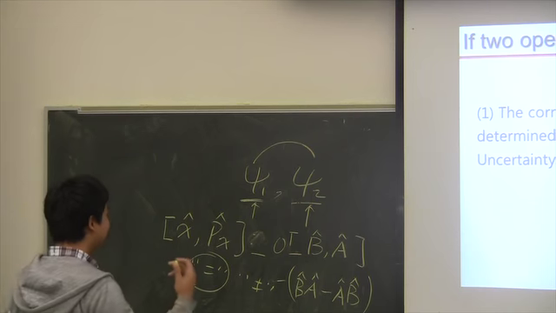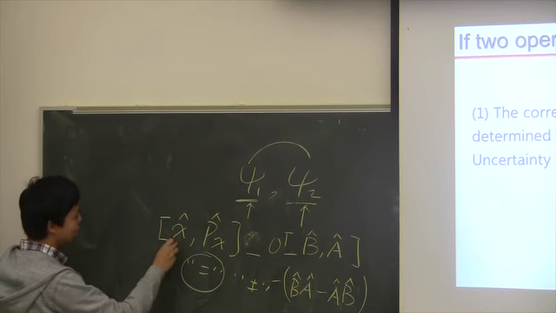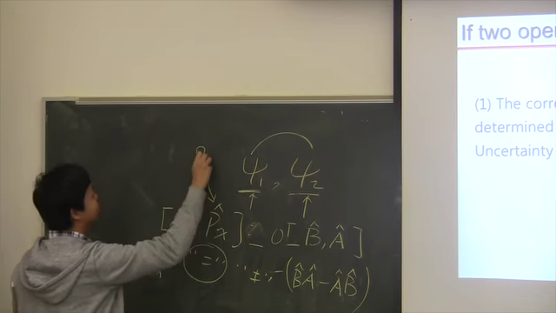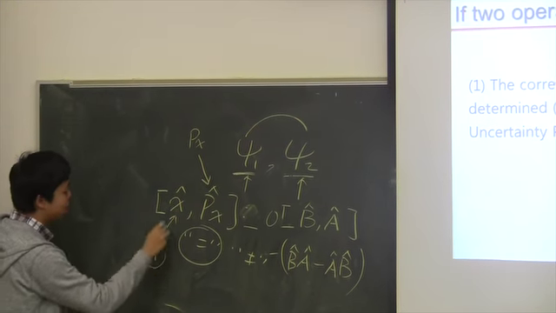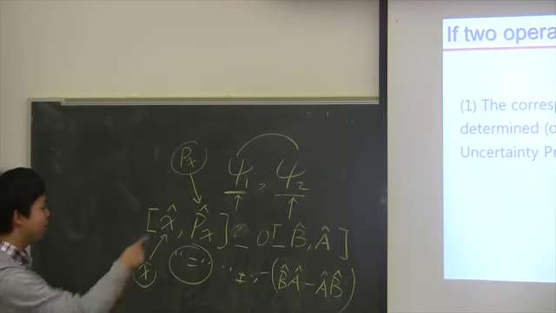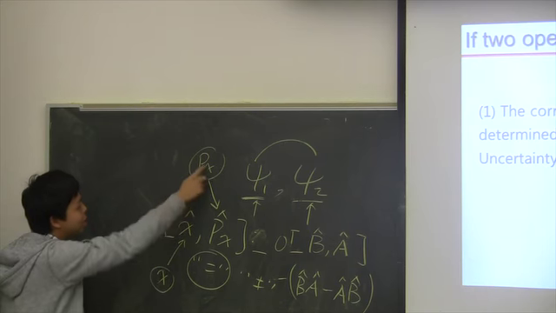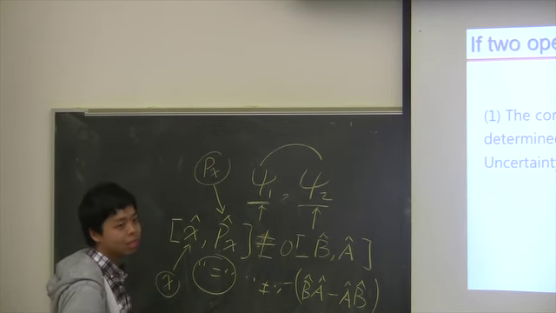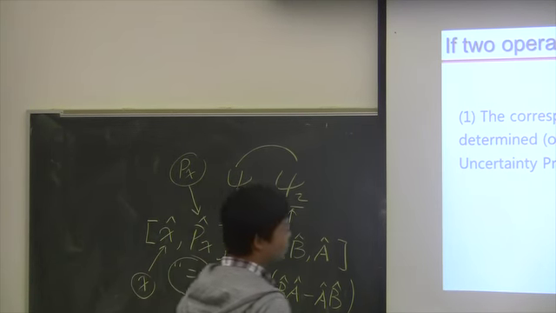The uncertainty principle tells you that we cannot simultaneously determine the location and the linear momentum of the particle. Location and linear momentum are the classical observables corresponding to the operators here. Since we cannot simultaneously determine accurate values, the commutator must not be 0.